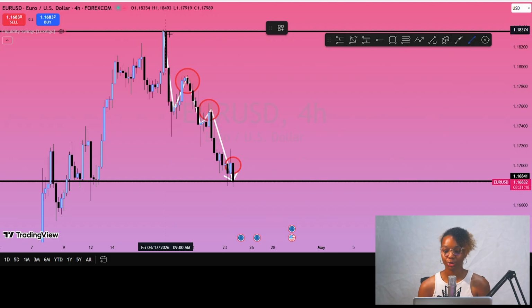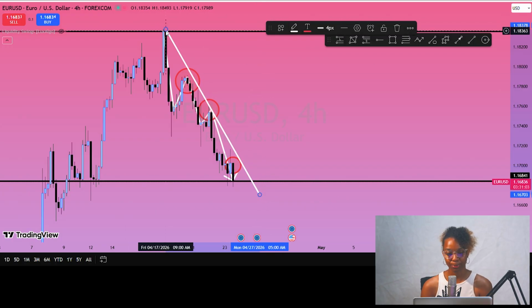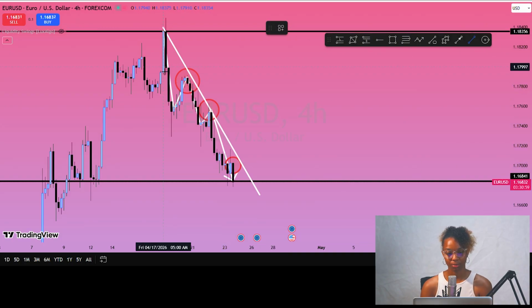So how does forming the trend line work? Now we're going to get our trend line tool, and we're going to start from the most recent high. And I'm just going to extend it down to where price is right now. And sometimes it is going to overlap. It doesn't have to be perfect. It just needs to be just about in the area.